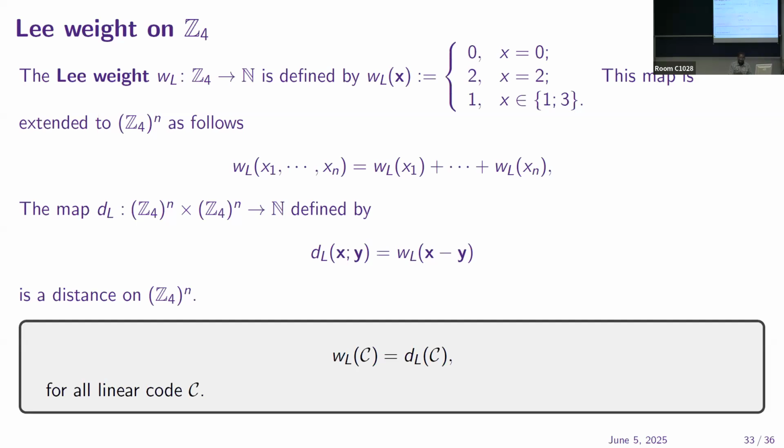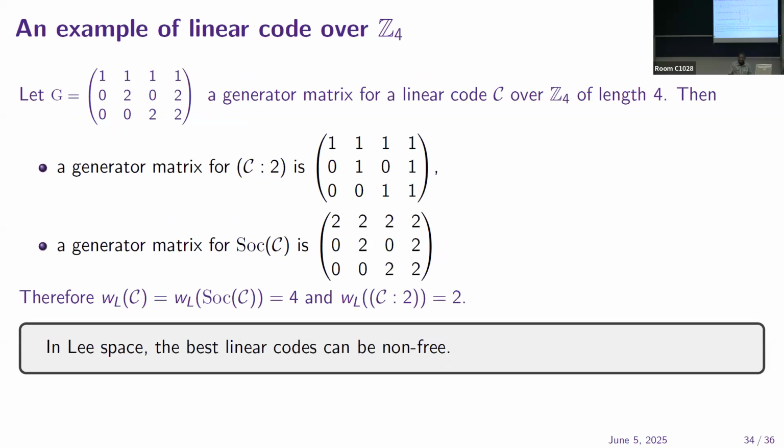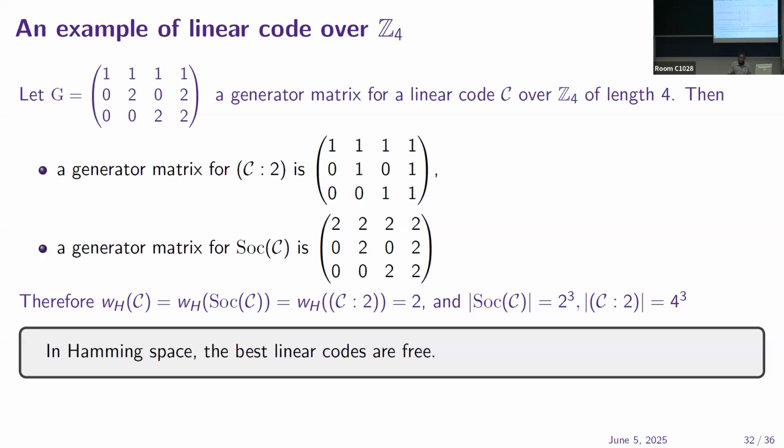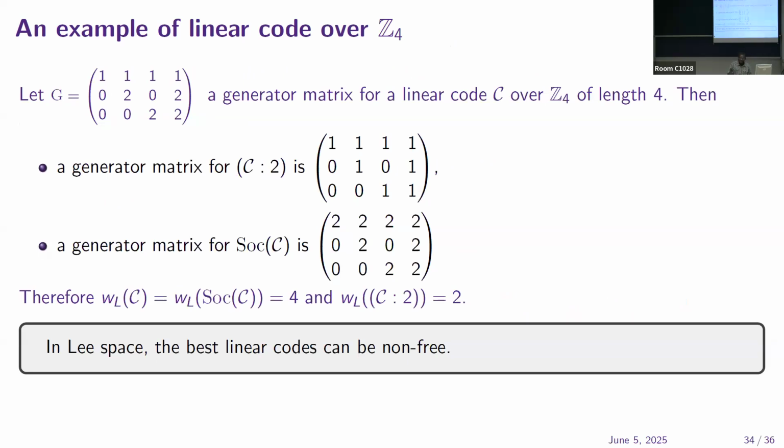Okay. We define the Lee weight. For example, we take the first example. Here you use the Hamming weight. You remark that the Hamming weight of this free code is 2.